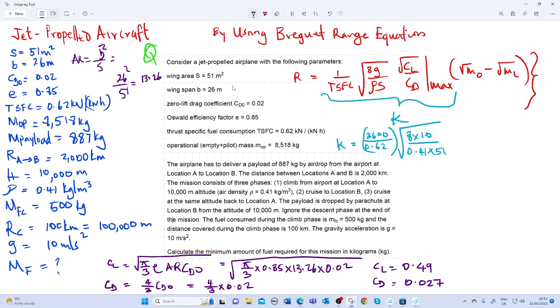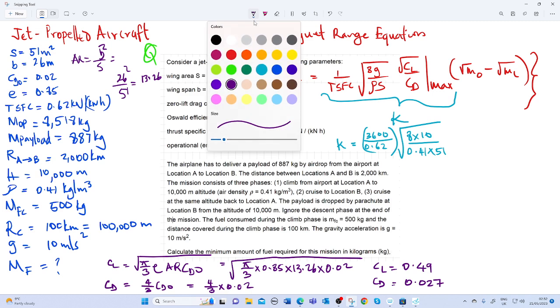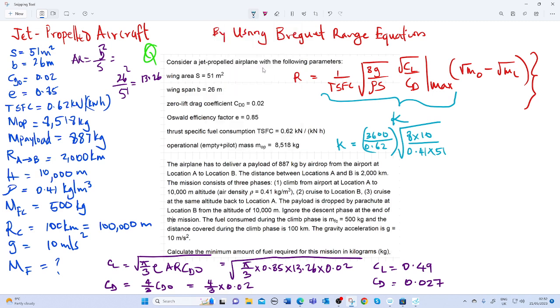Now, by inputting this value into this particular Breguet equation, it becomes the root of 0.49 over 0.027.